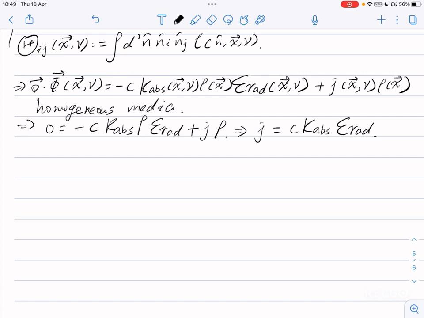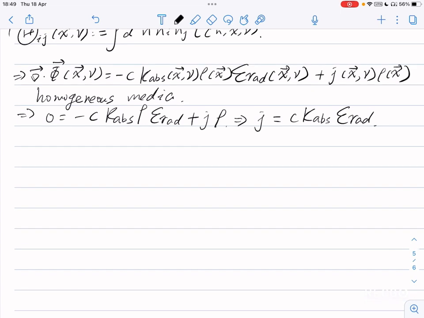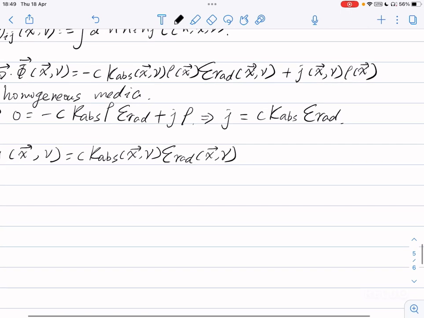So for an inhomogeneous real star, we can just write j x nu equals c chi absorption x nu epsilon radiative x nu.